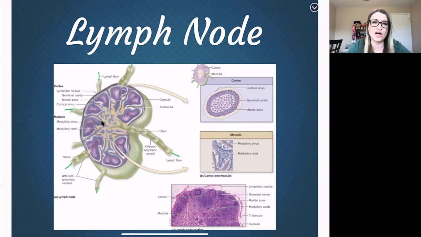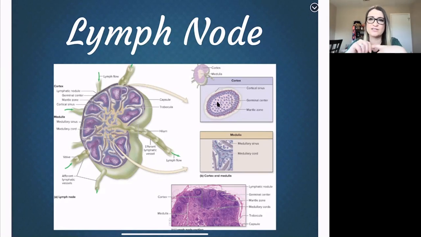And then the nodule itself has two distinct regions. It has a germinal center in the middle of the lymphatic nodule. That's that lighter part. On the lymph node, you can see that the pink area is lighter, and that's going to be your germinal center. And then there is a mantle zone that surrounds that.